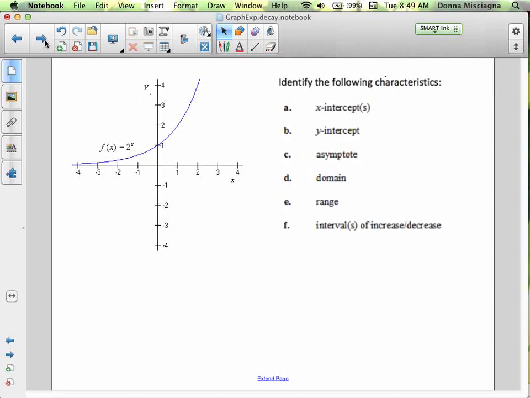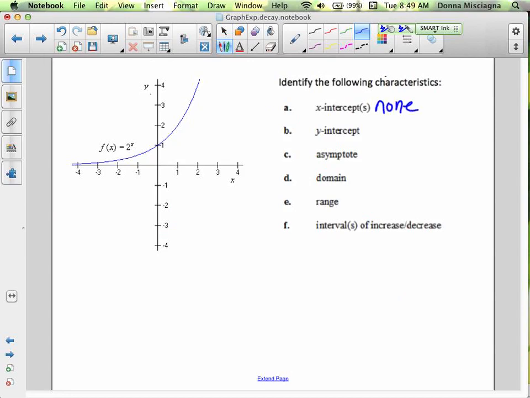All right, so let's identify the characteristics for this graph. We know its equation, f of x equals 2 to the x. Sometimes the answer will be none. I mean, that is possible. How about x-intercept? What's the x-intercept? None.